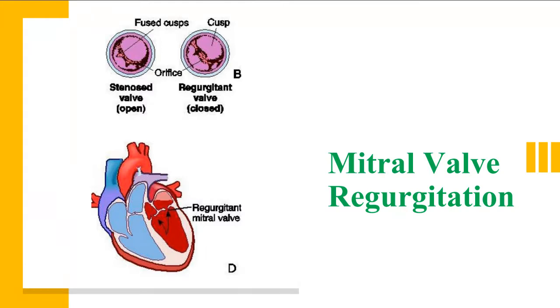So blood is going to flow backwards. So the left ventricle and the left atria are going to have to work harder to preserve cardiac output. They're going to have to work much harder.